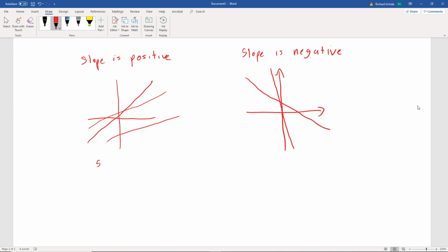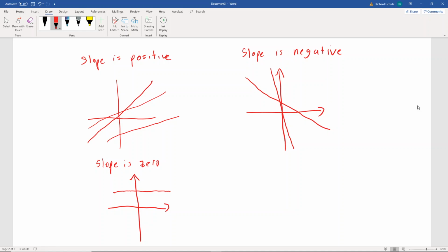And then, what does it mean if the slope is neither one of those? What if the slope is 0? Well, remember, that would mean that the line is a horizontal line. So it would look like that. If you chose any 2 points on the line and used the slope formula, you would end up with 0 over a non-zero number, which would equal 0.